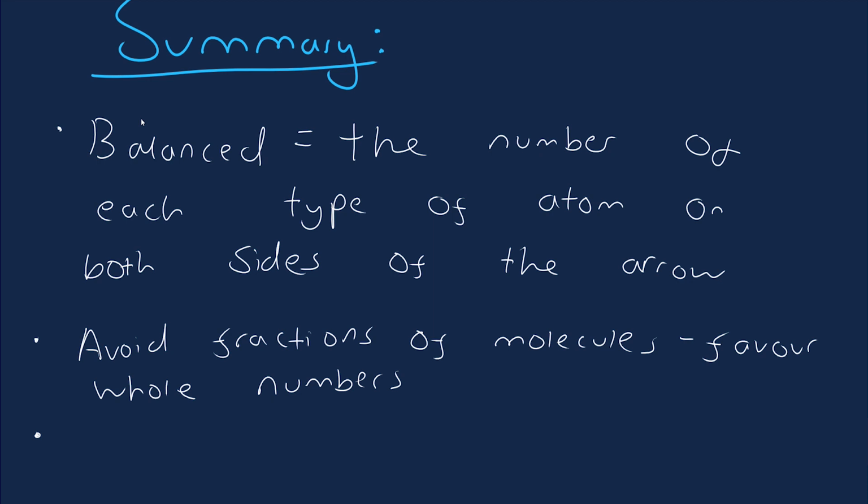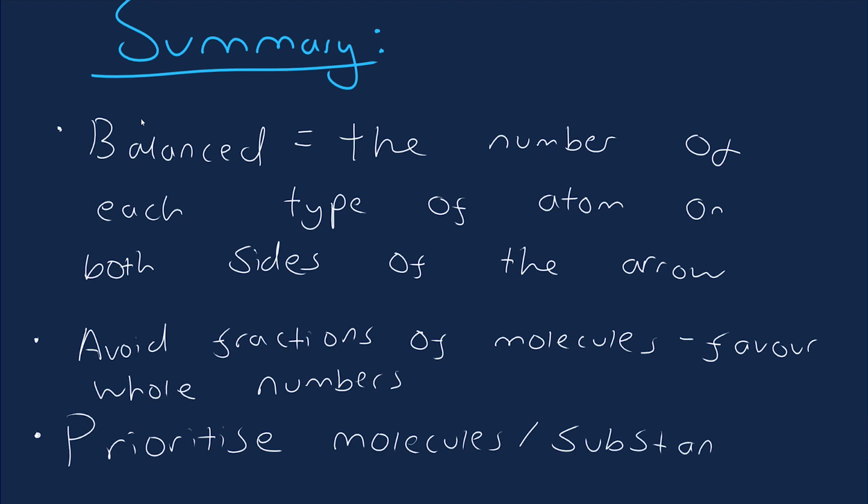So when you're balancing, prioritize molecules or substances that have, so substances containing multiple types of atom or multiple elements.